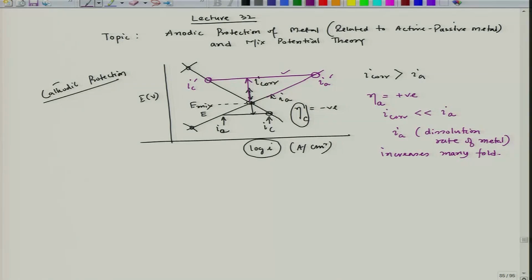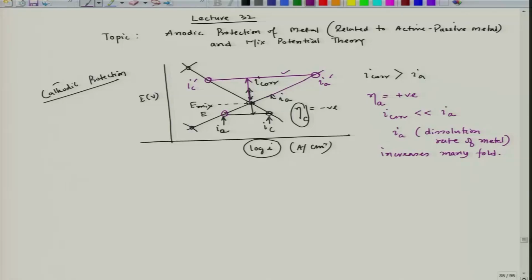Fine. So, that means in case of this active metal, if I go to the positive side, that means anodic polarization, then I would always increase the corrosion rate or the dissolution rate of the metal. So, no way I can protect that metal. But if I go downwards, if I go cathodic polarization, that is where the cathodic protection name comes from.